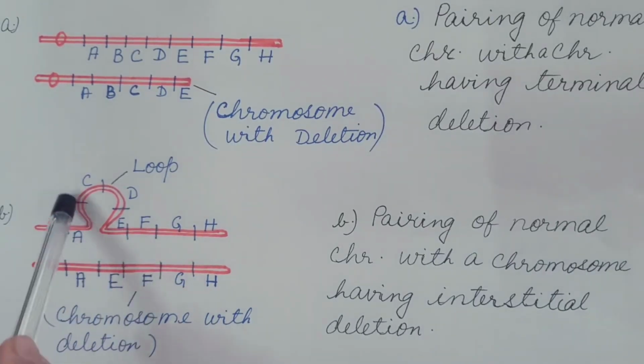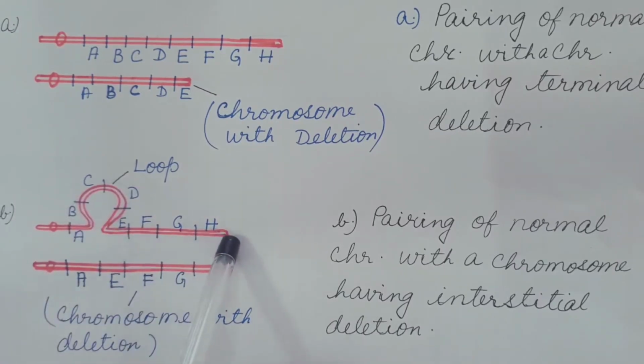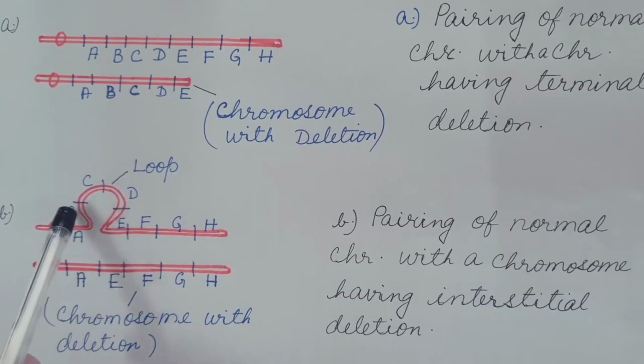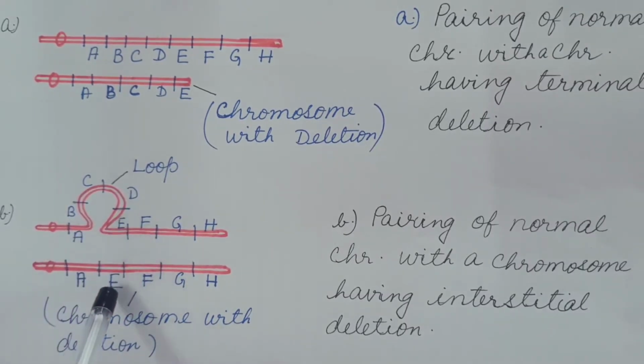And if we talk about interstitial deletion, this is the normal chromosome having the genes A, B, C, D, E, F, G, H. And this is the chromosome with deletion, and this deletion is interstitial. Here the segment having B, C, D is deleted. Now when the pairing takes place, A pairs with A, E pairs with E, and so on.